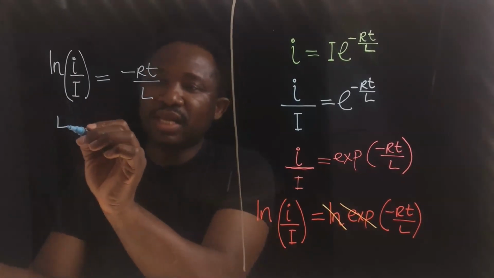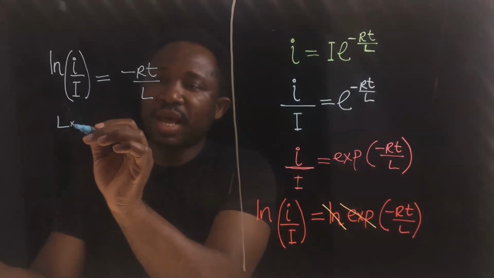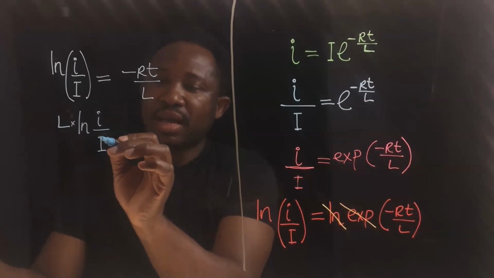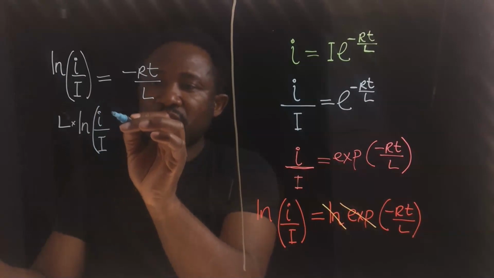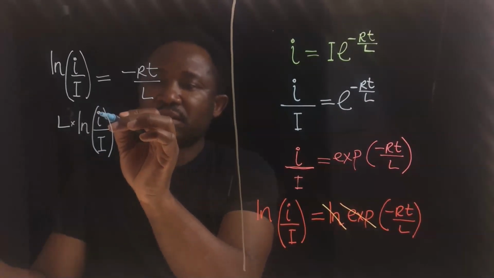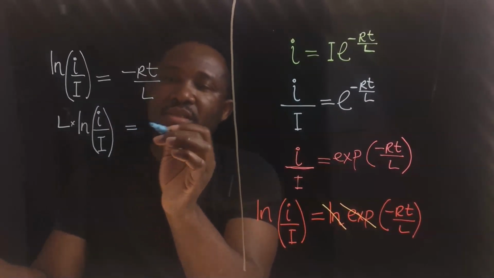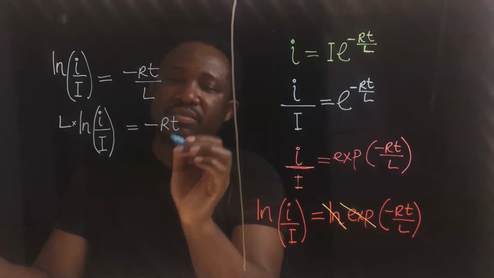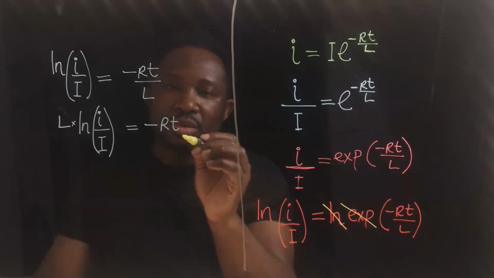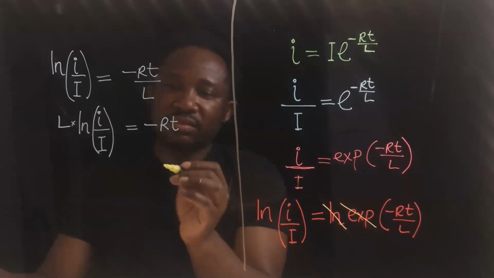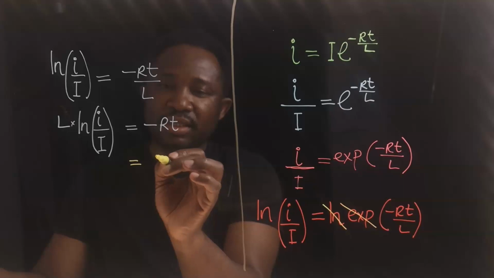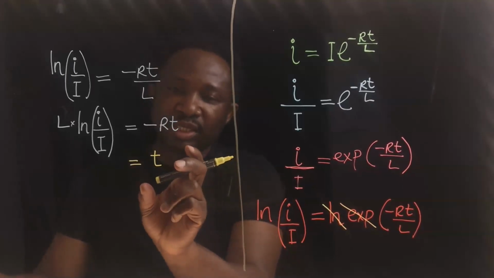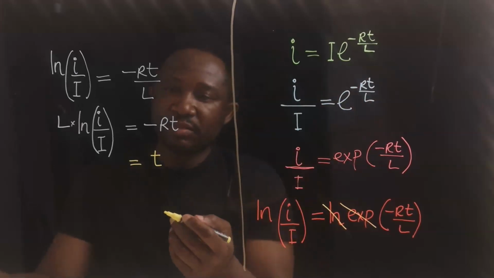We're going to have that L multiply the natural log of i over I in bracket is equal to here minus RT. We want to isolate T. On this side, I want T to be alone to make it the subject of the formula.